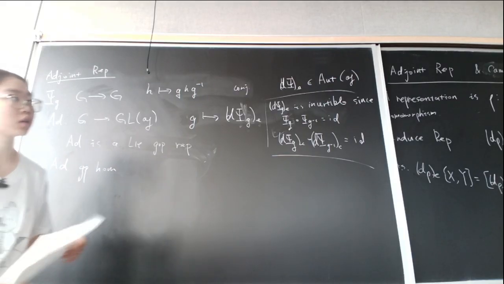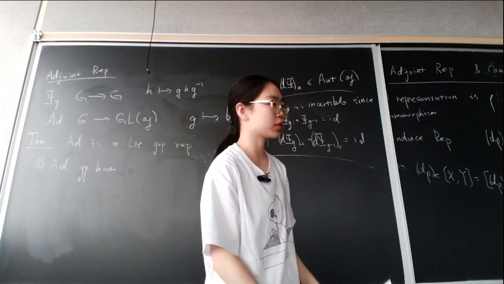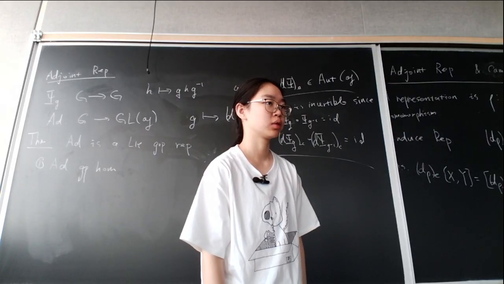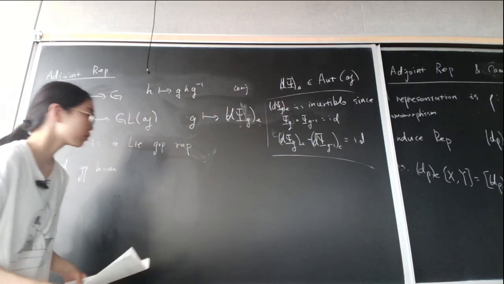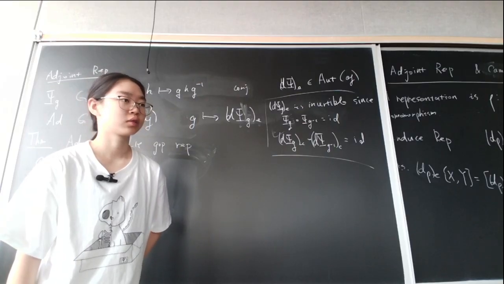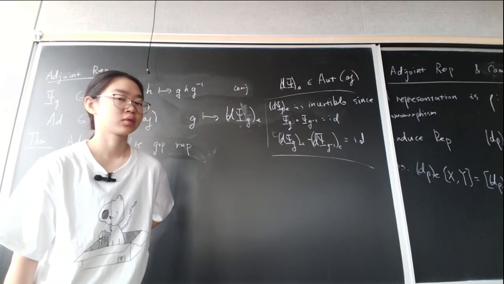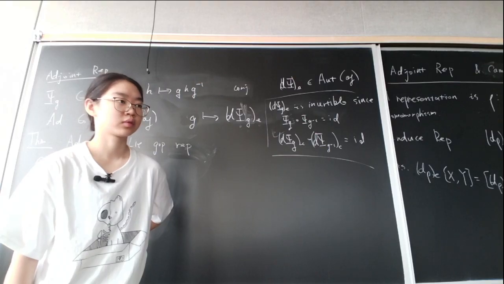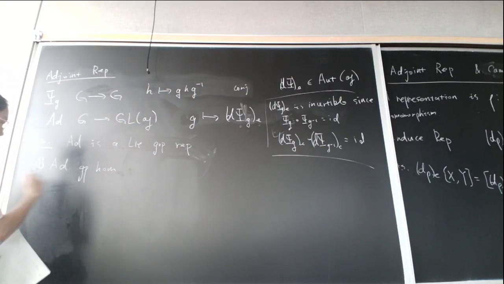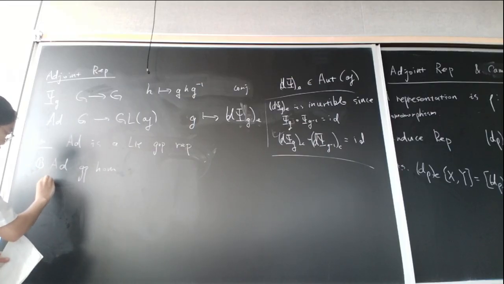If it's a Lie group, then it also has to be smooth. If G is any group, then this is just a group homomorphism. If G is a Lie group, you want this to be a Lie group homomorphism, which is also a smooth map.